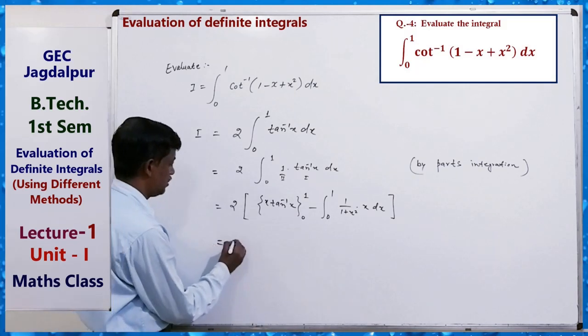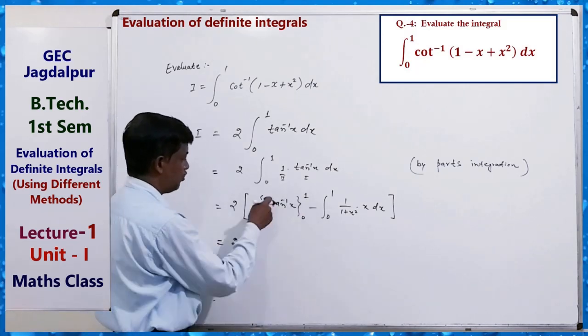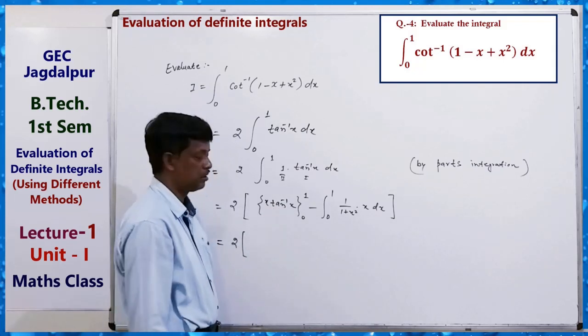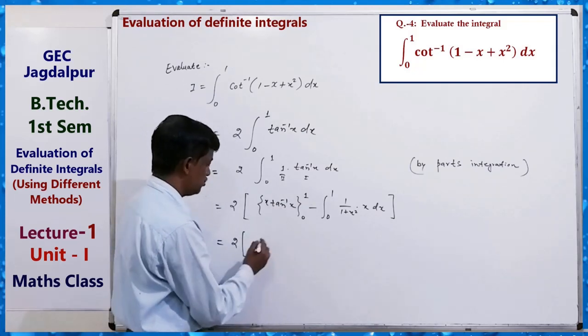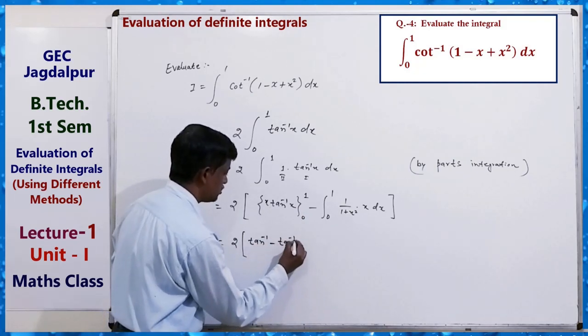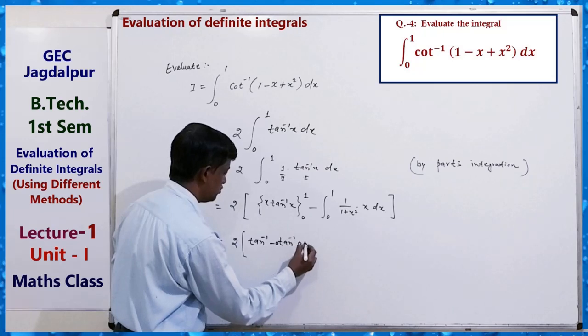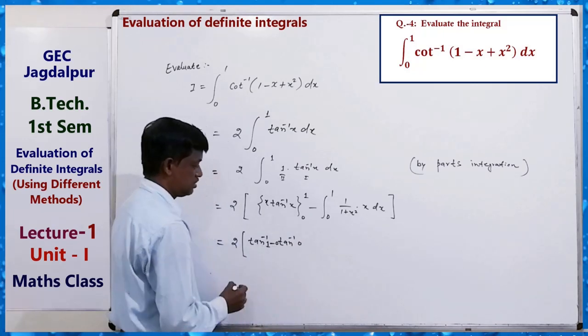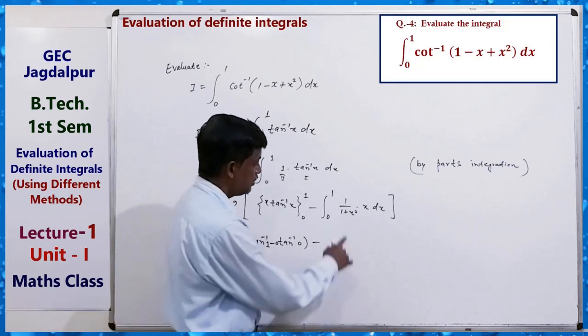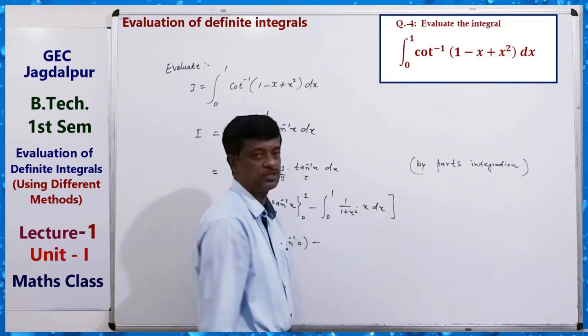Here 2 times tan inverse 1 minus 0, so tan inverse 1 minus tan inverse 0 into 0, minus here x upon 1 plus x square.